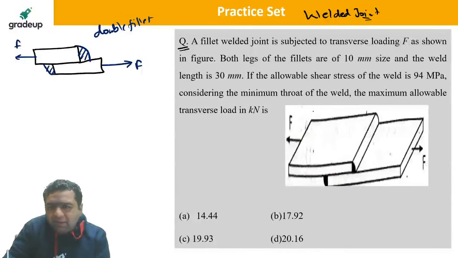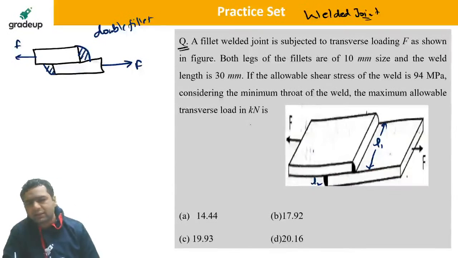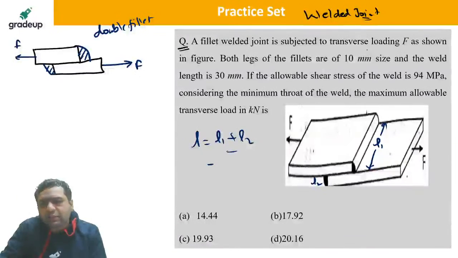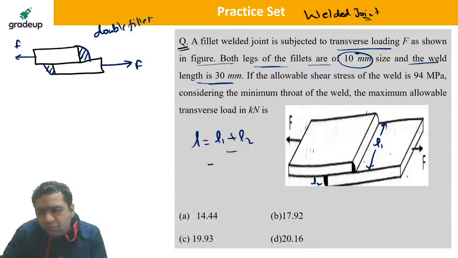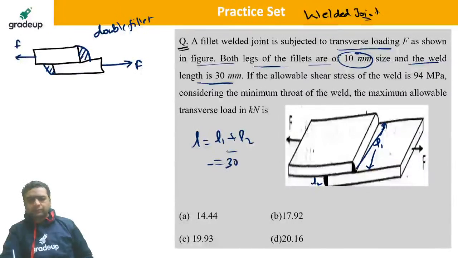So the length given is covering this L1 and L2 of this also. So total length L, whatever is given, is L1 plus L2. You can see a fillet weld subjected to transverse loading of F as shown in the figure. Both legs of the fillet are 10 mm in size and the weld length is 30. So total length 15 this side, 15 back side. 30 mm is given.